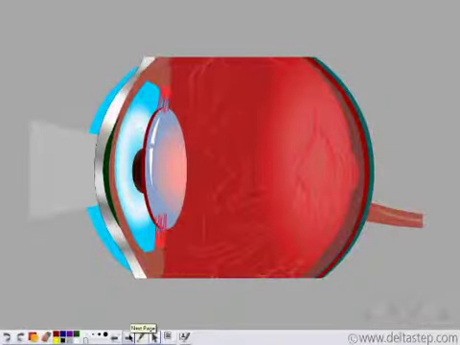Now let us try and identify the different parts of the eye. The outermost layer of the eye is known as the sclera. So this is the sclera.